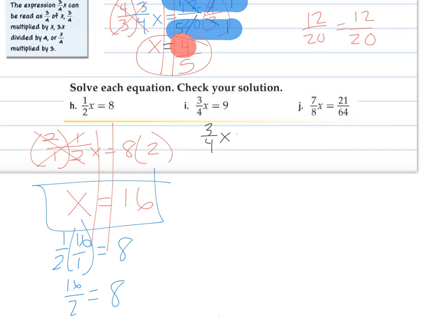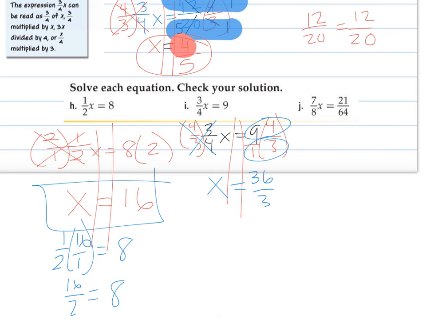3/4 of what number is 9? Multiply by the reciprocal on both sides. Put your whole number over 1, remember. Cancels for just 1x. And I can multiply straight across or cross cancel. 36 over 3 is the same as 12.